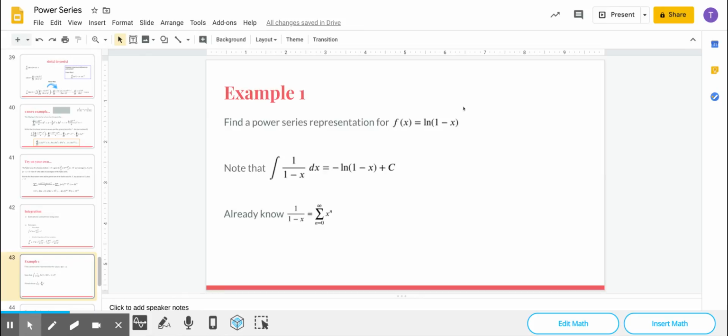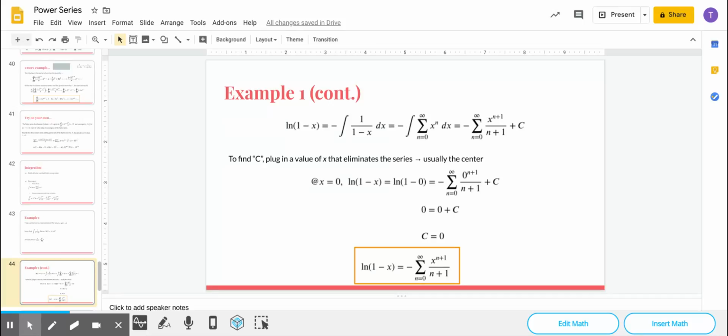And I can get to my desired function pretty quickly, actually, without doing a whole lot of work and creating a power series the long way. So I'm going to base this whole thing off of the geometric series, 1 over 1 minus x, the x to the n power series. Okay, so let's look at it. So based off of that, here's what I know.